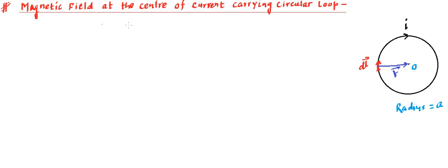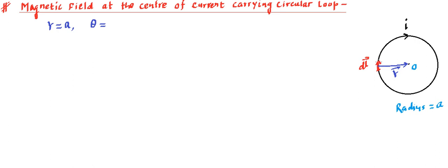Moreover, we can think of whatever this r is, you are measuring simply the radius, nothing other than that, because we are measuring at the center, and this r is a, and you'll find this r will remain constant no matter where you take the element. So this r is going to behave like a constant because it's a. One thing clear. Moreover, we need to know theta, the angle between two vectors. One is the dl vector, another is the r vector.